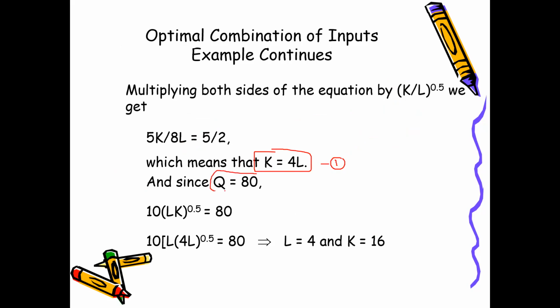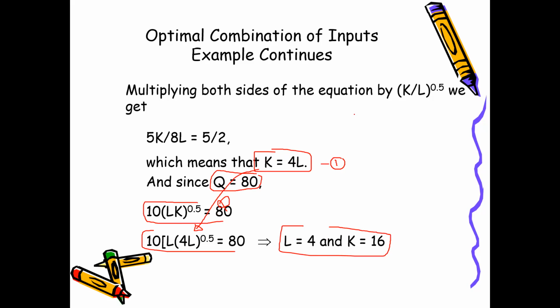Now we have to look at producing 80. Taking the production function, because Q is now 80, we plug in K equals 4L. Now we use that and rewrite it. With that, we got the answer.